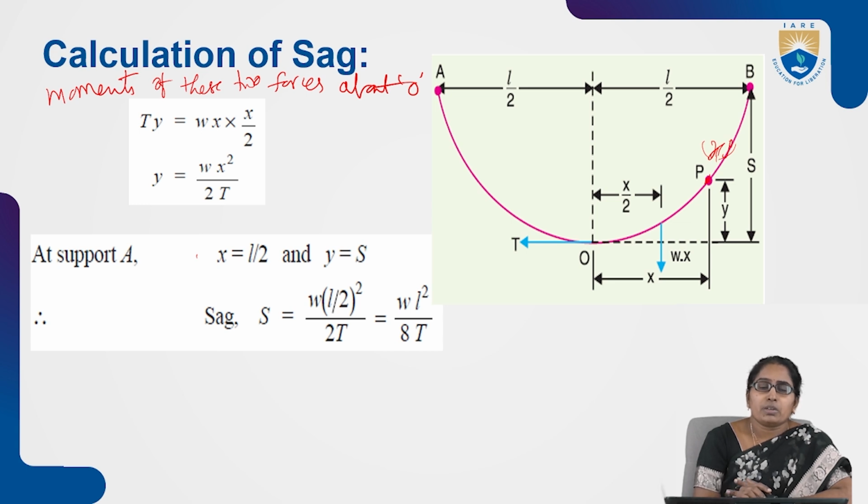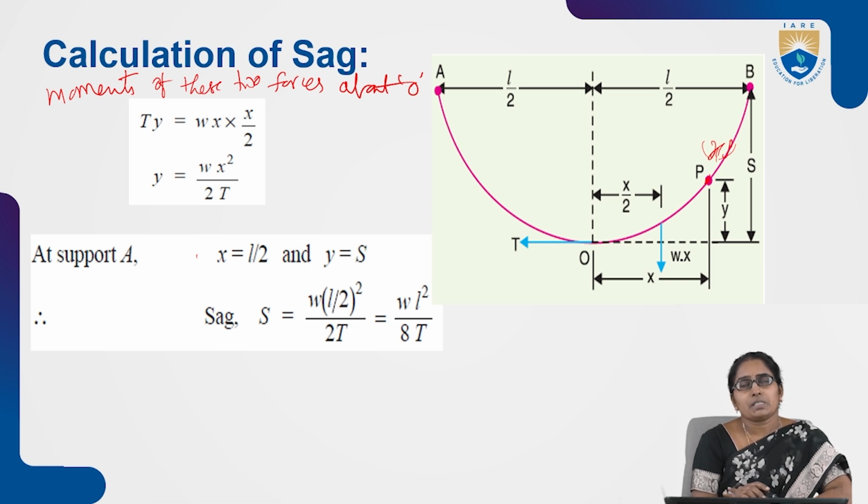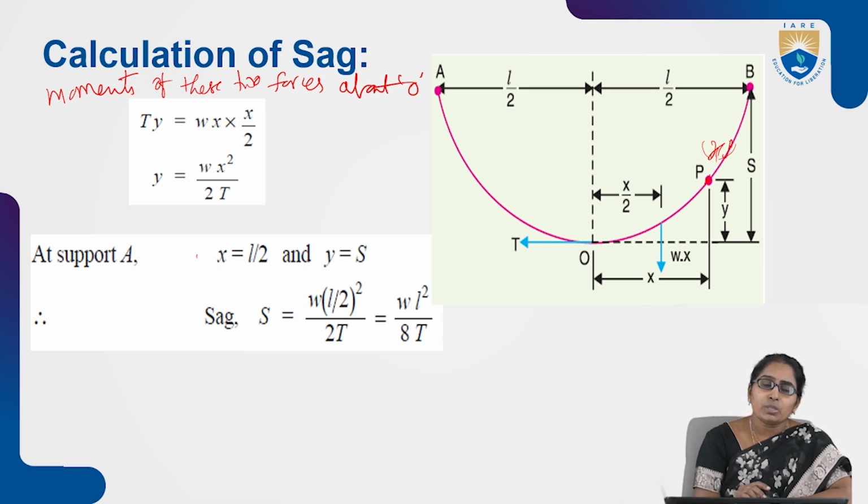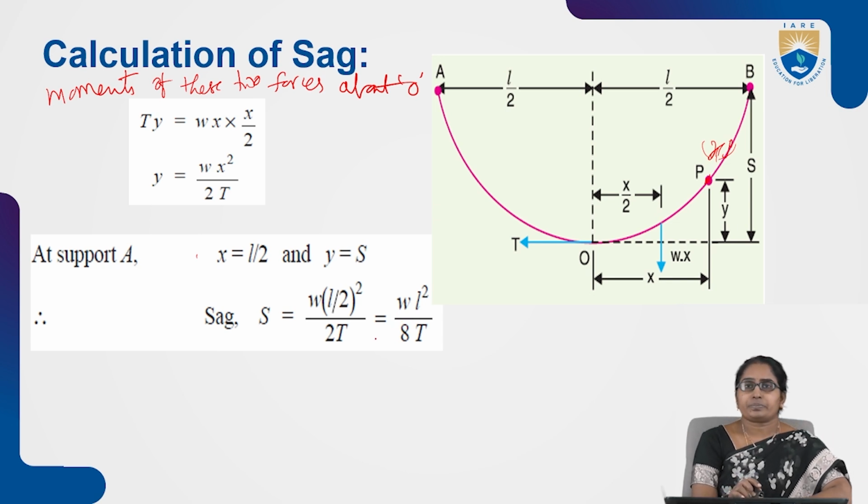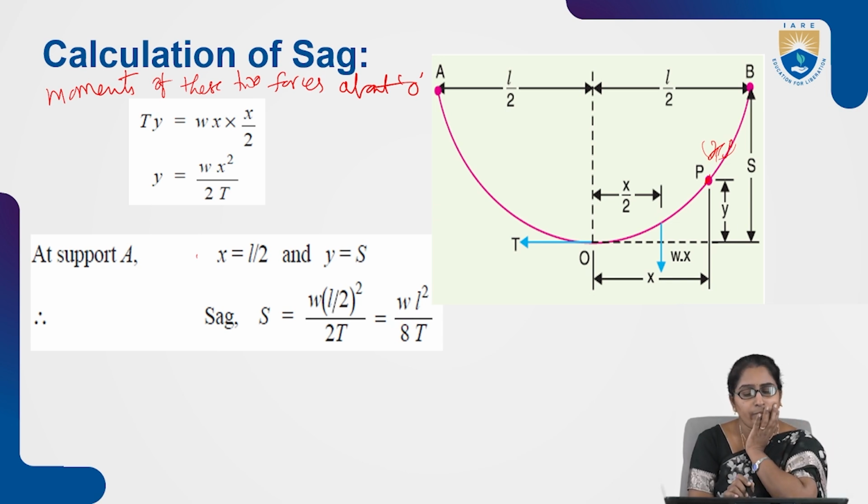To calculate the actual sag, from the sag definition, it is the distance between the highest point of the tower and the lowest point of the conductor. Substituting for small x and small y, finally s is equal to w into small l by 2 whole square by 2T, that is, W l square by 8T.